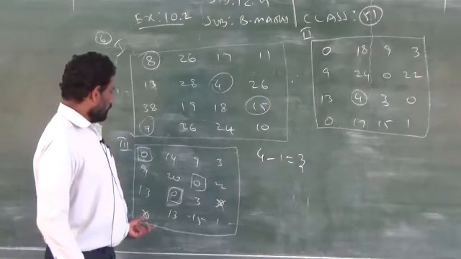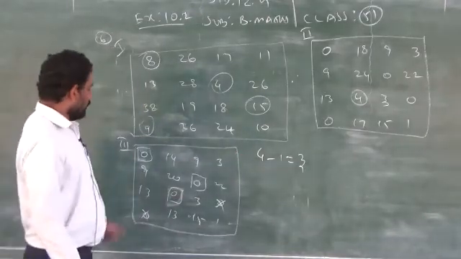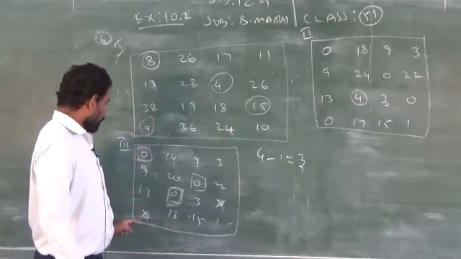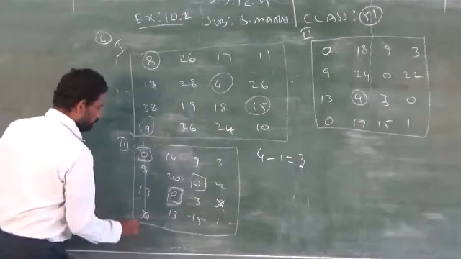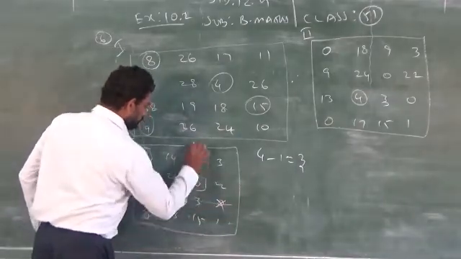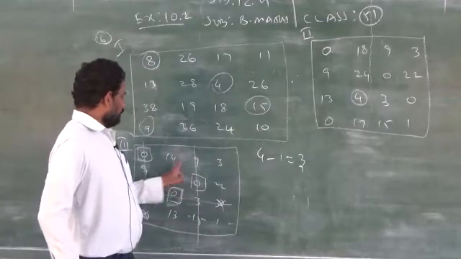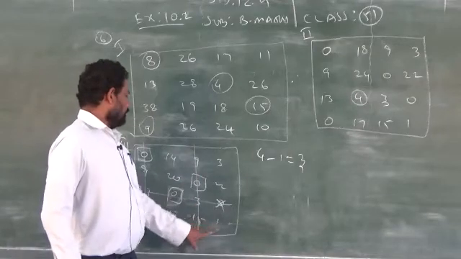Clear. So you have to check and use how many lines? Only 3 lines to cover the zeros. You can take 1, 2, 3. We have 3 intersecting points. You have to check the remaining elements: 14, 3, 20, 22, 13, 1. The least cost is 1.